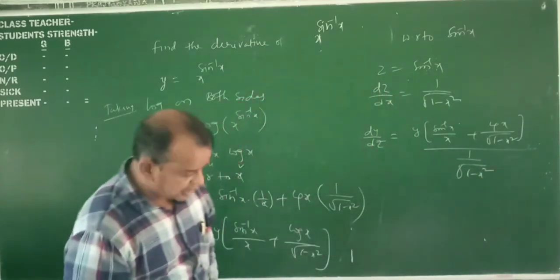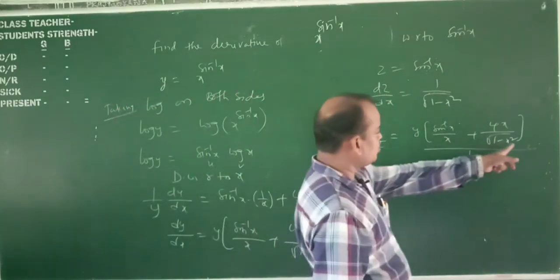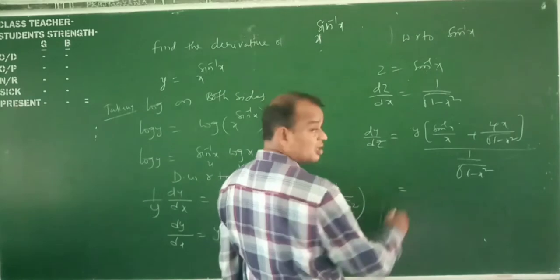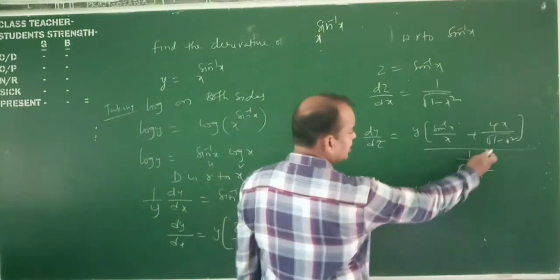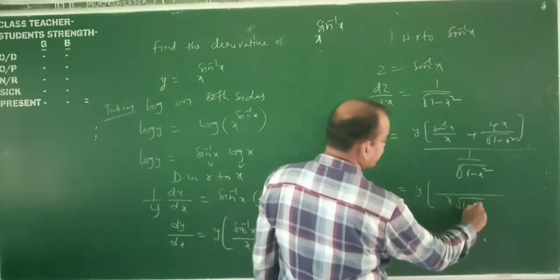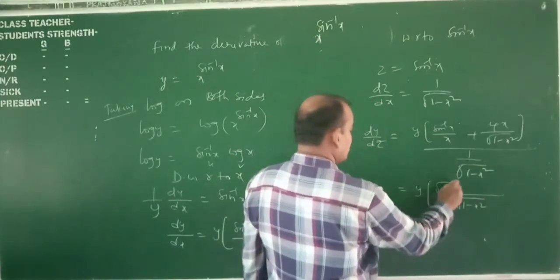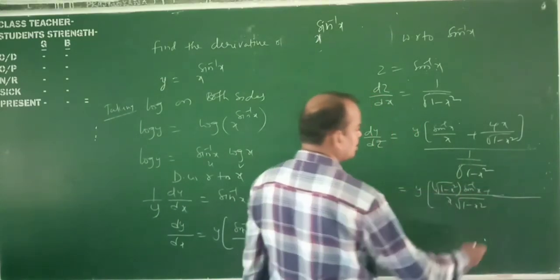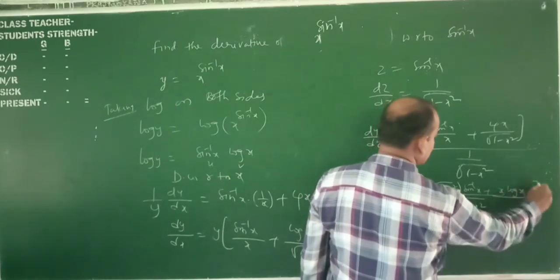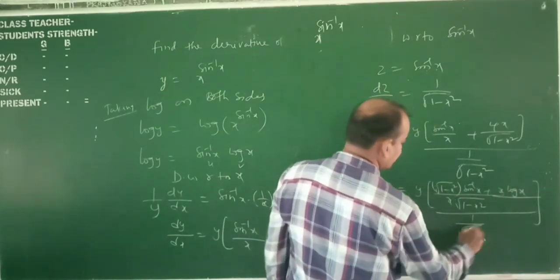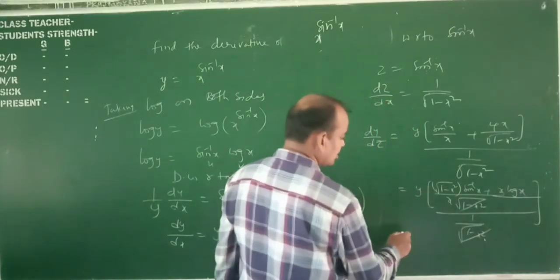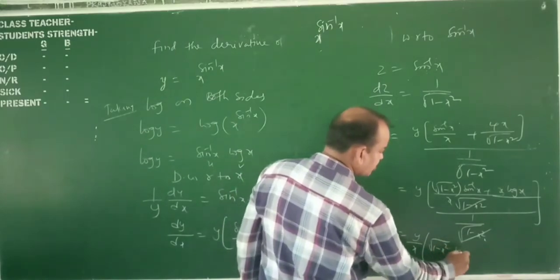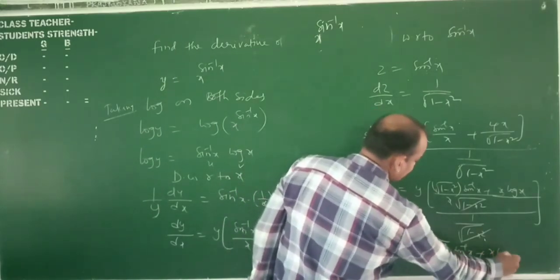Now take the numerator LCM. For suppose here x into root over 1 minus x square. Therefore 1 minus x square cancels. Remaining is only x. Y by x. Understood or not? Okay, write this one. LCM is x into root over 1 minus x square. Here root of 1 minus x square into sin inverse of x plus x into log x, by 1 by root of 1 minus x square. This one cancels. What is the remaining? Y by x into root of 1 minus x square into sin inverse of x plus x log x.